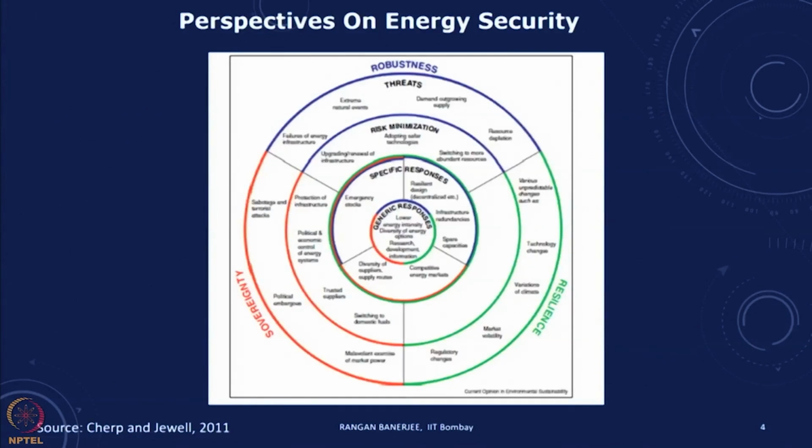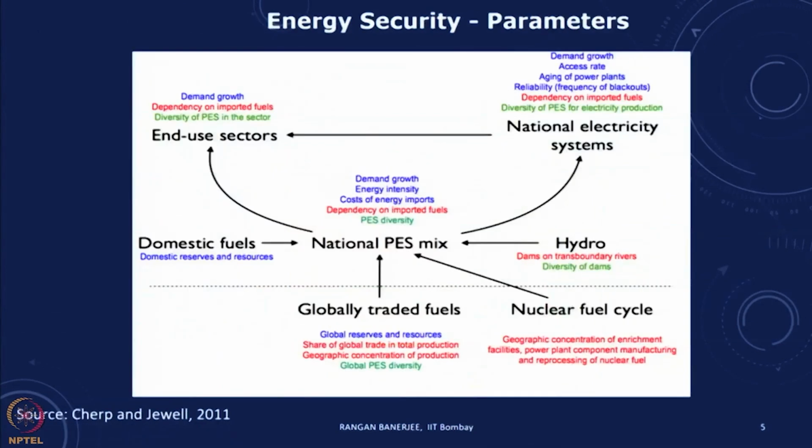This is a graphic which shows different dimensions of energy security, and we will talk about this part by part. So when we talk of energy security, we could look at the security in terms of the end-use sectors.